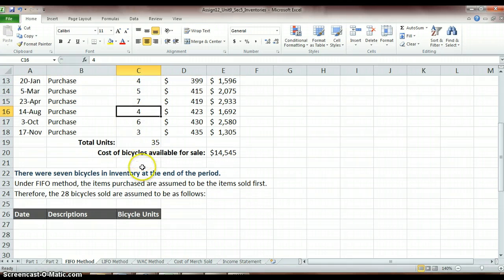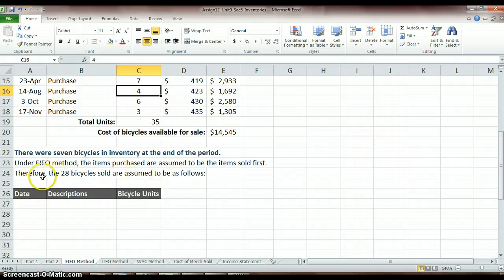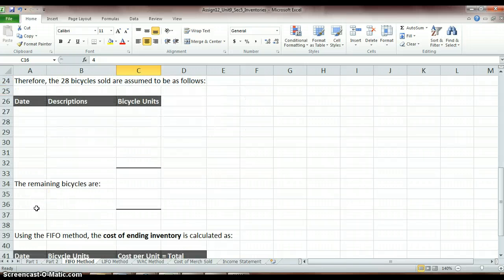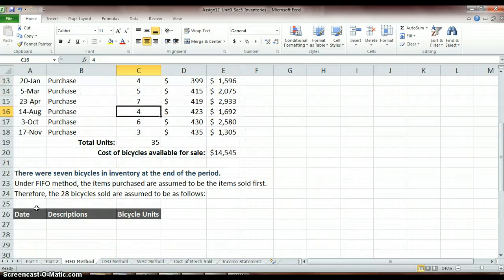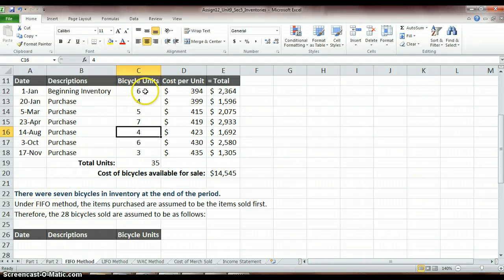Therefore the 28 bikes sold are assumed to be as follows. So what you're going to do now is do some math here. We want to add up until we hit 28 bikes, and then whatever's left over is what we have left over.